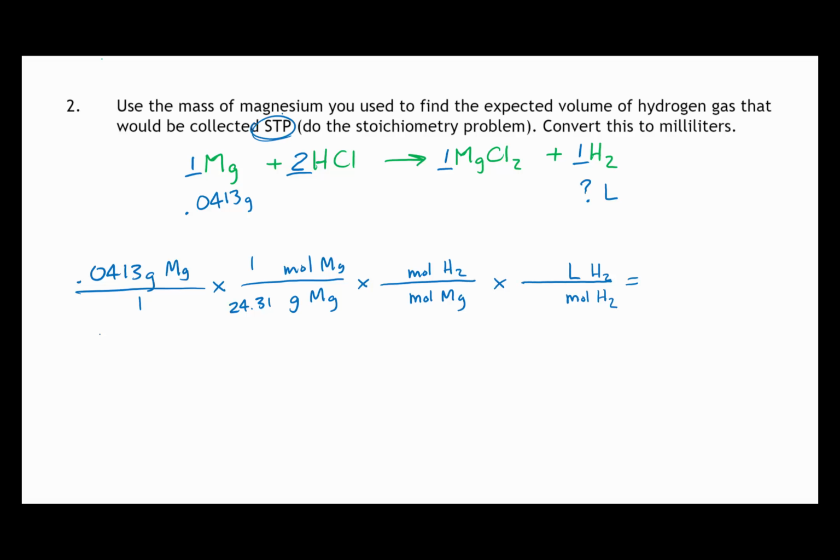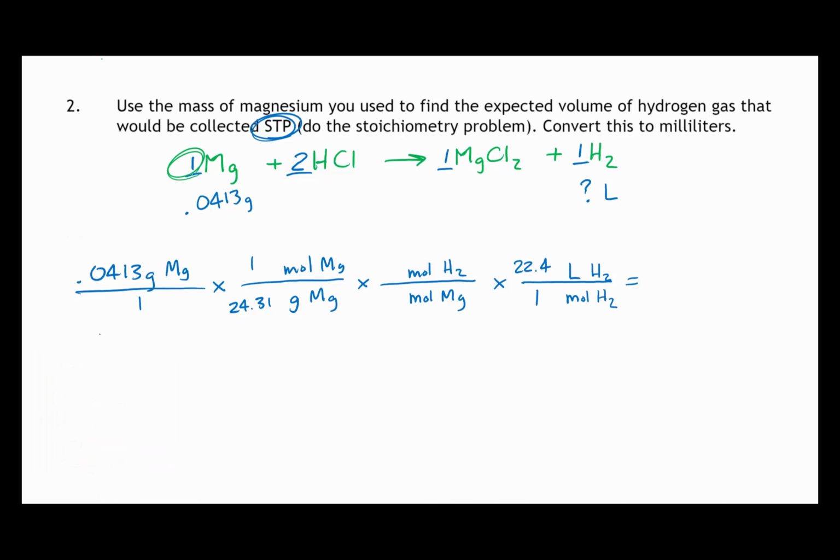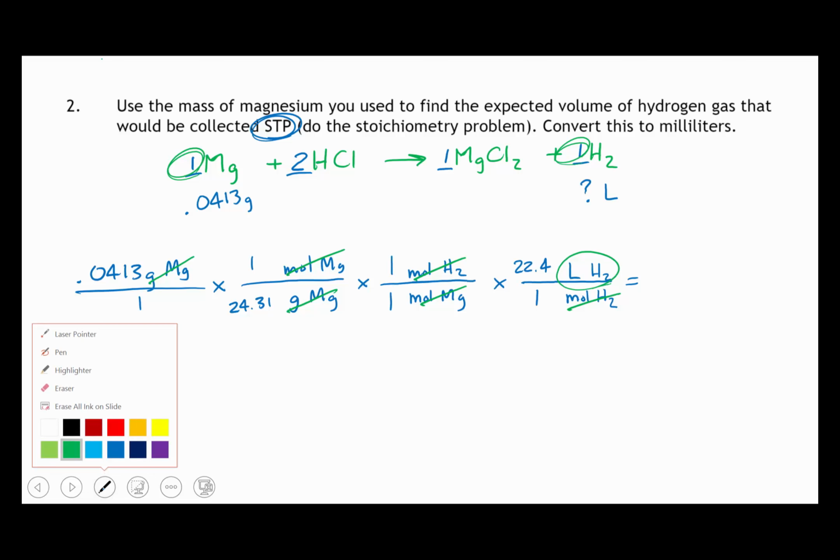Recall, if the gas is at STP, then we can always use the molar volume of 22.4 liters for every 1 mole. Also recall the mole ratio, which I've not filled in yet, should come from the balanced equation. So I've got a 1 in front of the magnesium and a 1 in front of the hydrogen. Those numbers are going into my equation here and here. And then finally, it's a good idea to cross out units to show yourself that all of the units have canceled except for the desired units, liters of hydrogen in this problem.